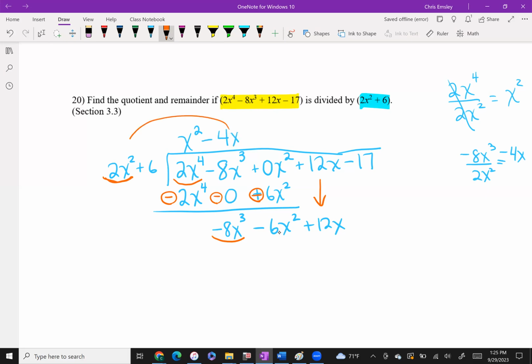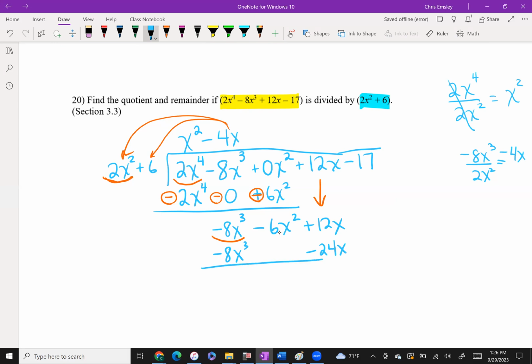We're then going to, again, multiply it down, distributing it into both terms. So negative 4x times 2x squared is minus 8x cubed. Those should always match. That's the procedure. That's by design. Negative 4x times 6 is minus 24x. Notice I'm putting that in the x column so that I align my like terms.